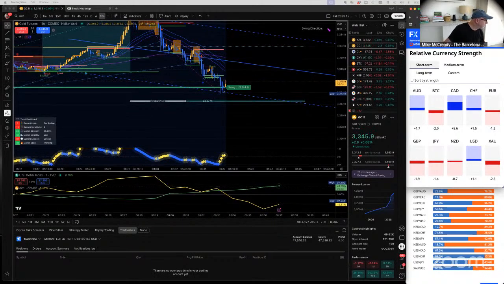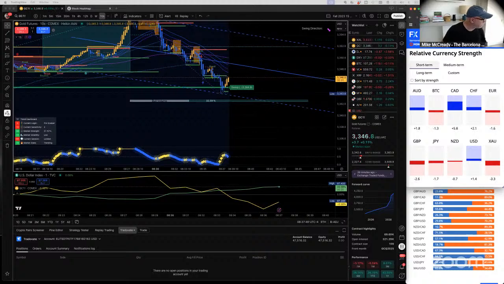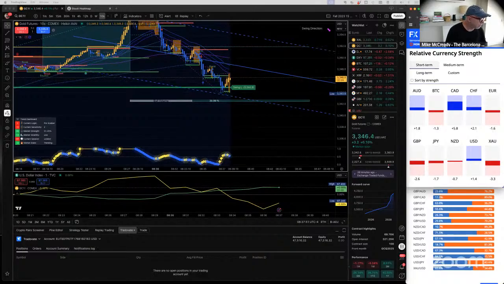Ooh, no, we're coming into a big support right here on the daily pivot chart. The 15-minute chart on the trading view where our daily pivots are. Don't want to sell into that. That would be irresponsible.